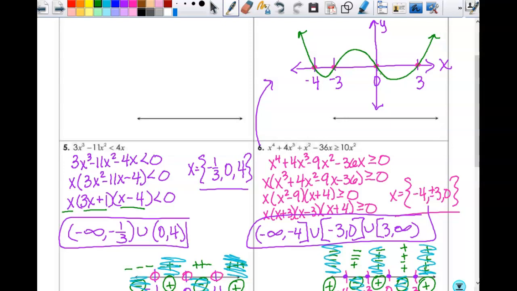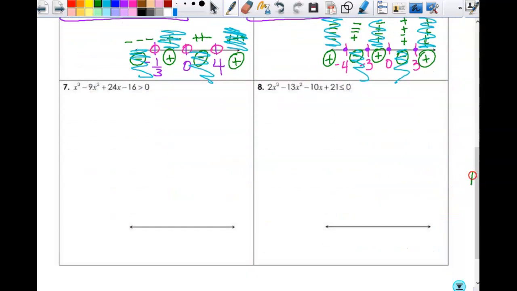Okay. All right, so let's look at number 7. Go ahead and start factoring number 7.